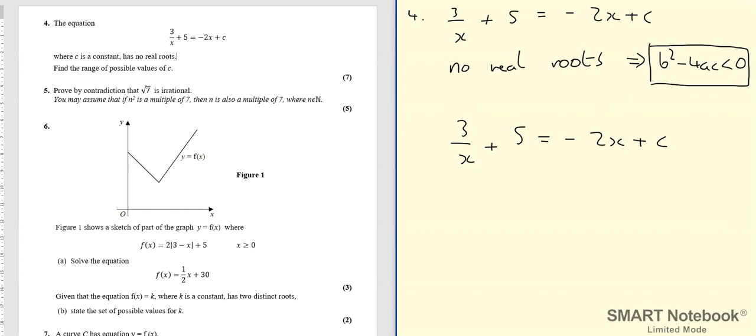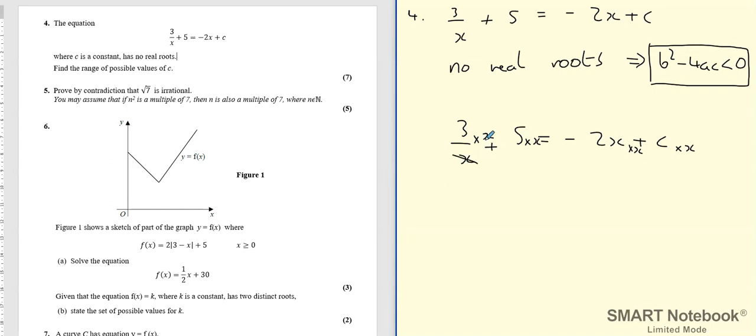To get rid of it, I would have to multiply everything by x, which is what I'm going to do. And I actually write times by x in subscript next to each term, so that I remember to multiply every term by x and I don't forget, because that's often a place where I've seen students make a mistake.